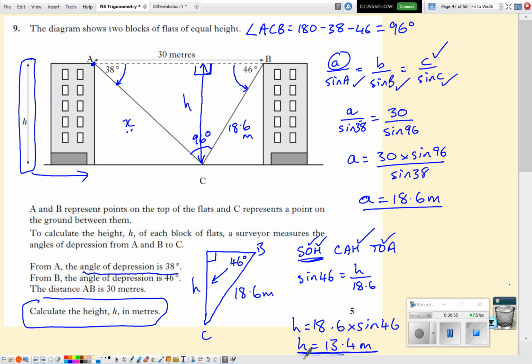This is like an extra one to keep in the back of your head. If you have to find the altitude of the triangle, so the height of it, do a sine rule or a cosine rule process, find one of the sides, and then identify a right angle triangle in your diagram, and use SOHCAHTOA to get a solution. Okay.